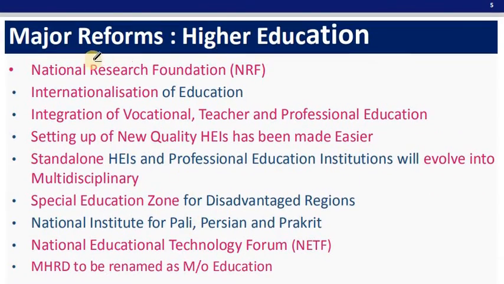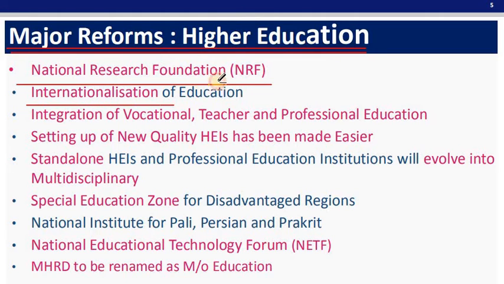Major reforms in higher education. So what are the major reforms of higher education? National Research Foundation, NRF, internationalization of education, integration of vocational, teacher and professional education, setting up new quality HEIs has been made easier.